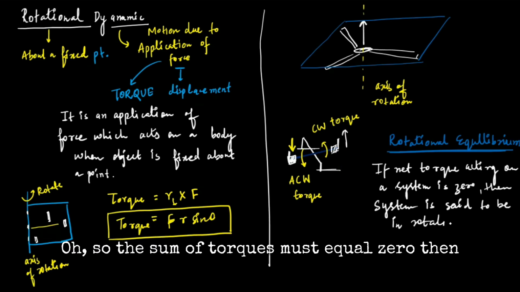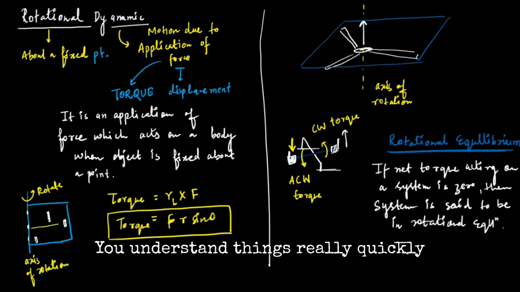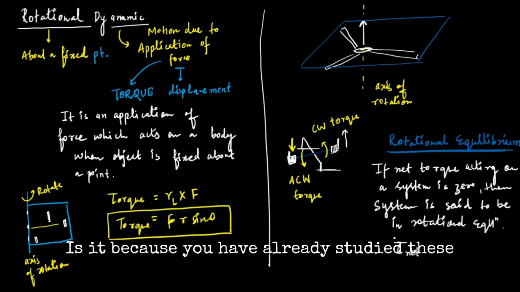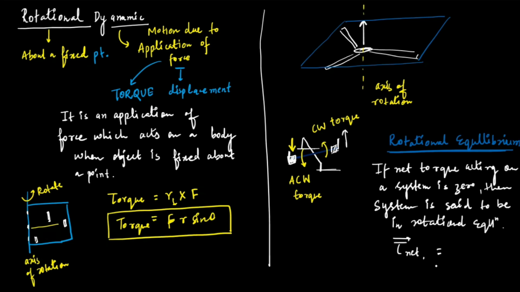Oh, so the sum of torques must equal zero then. Exactly. You understand things really quickly. Is it because you have already studied these things to a greater extent, or what?